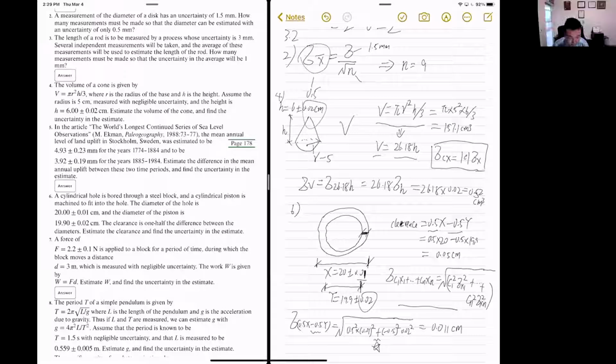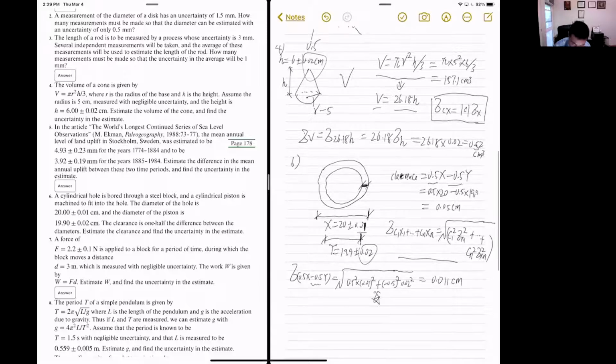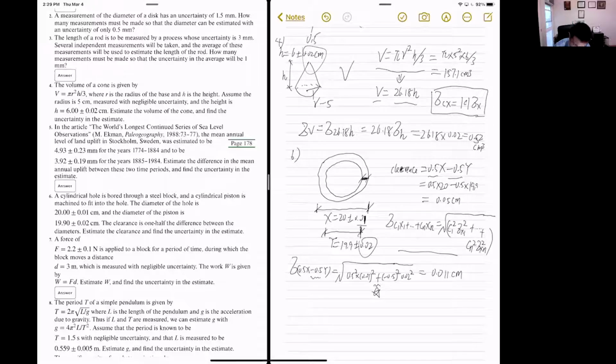Correct. So the reported expression, clearance is 0.05 plus minus 0.011 cm. So that's the clearance. See, you are right.